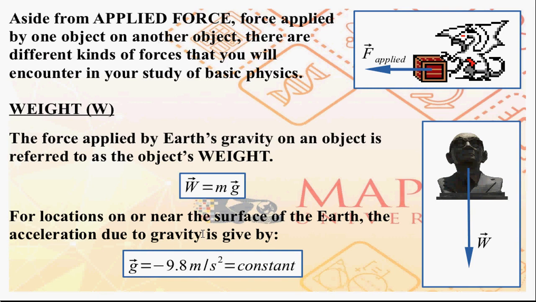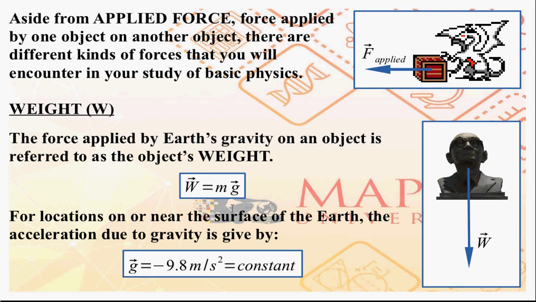So the weight of an object is constant because both mass and acceleration due to gravity are constant. And note that g is, as far as our course is concerned, negative. g is heading towards the ground or towards negative y direction.